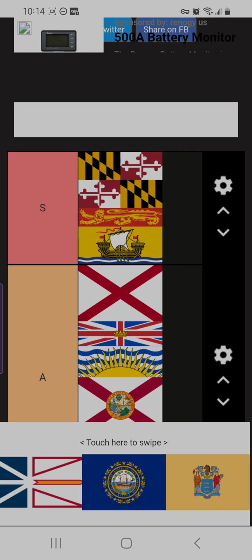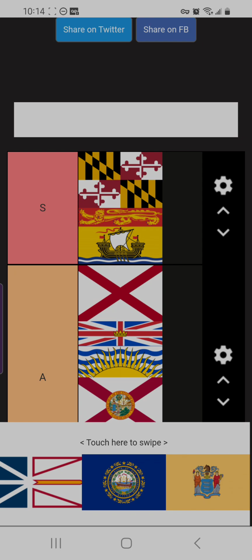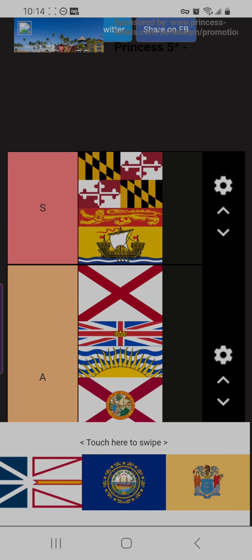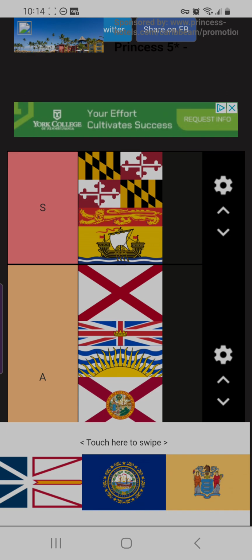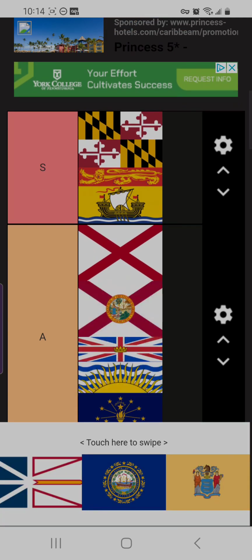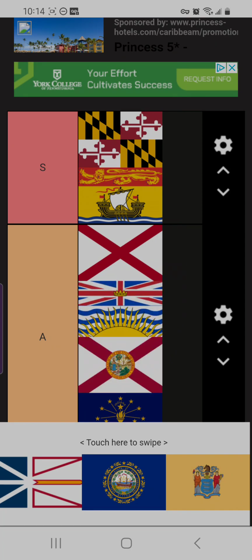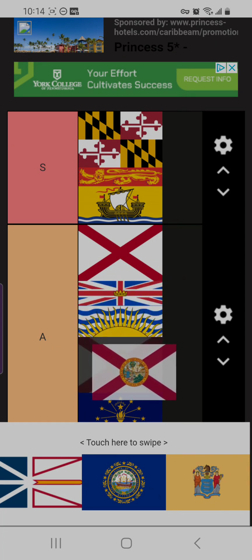Newfoundland and Labrador flag. It's a futuristic looking flag, with these weird dark blue pieces on a white background with some red triangles. It kind of looks like a missile there, but it's unique.